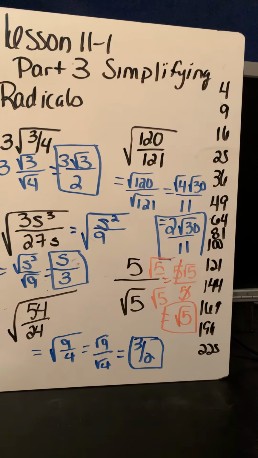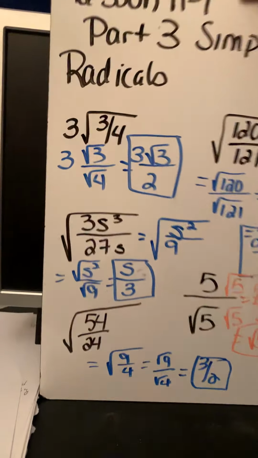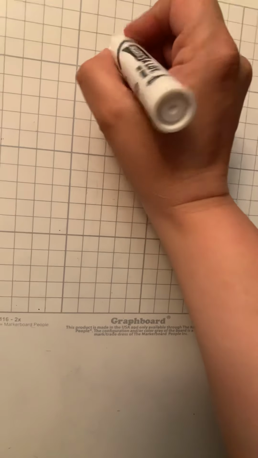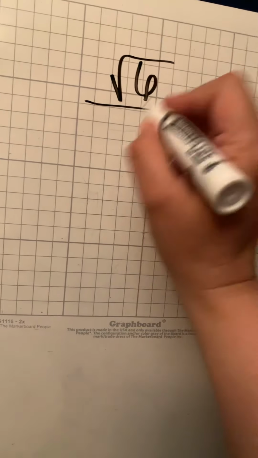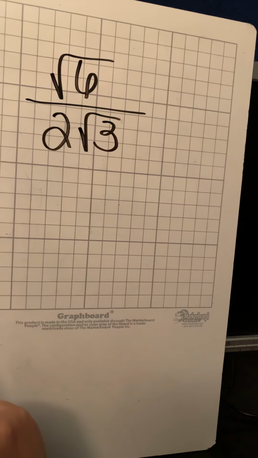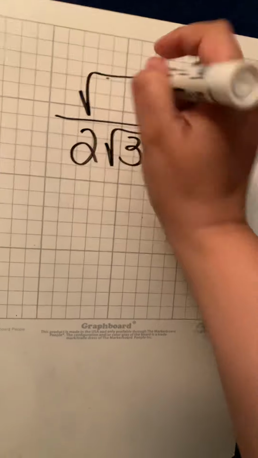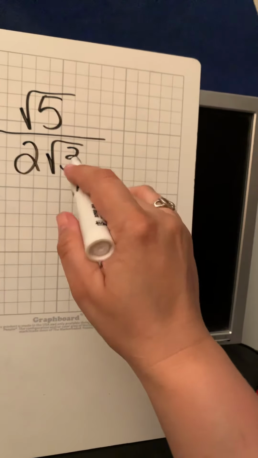Okay, so there's the last of that simplifying radicals. I'll do one more rationalizing the denominator so you guys have it. So let's say I had root 5 over 2 root 3. So I want to rationalize that denominator. I don't need a radical down there.